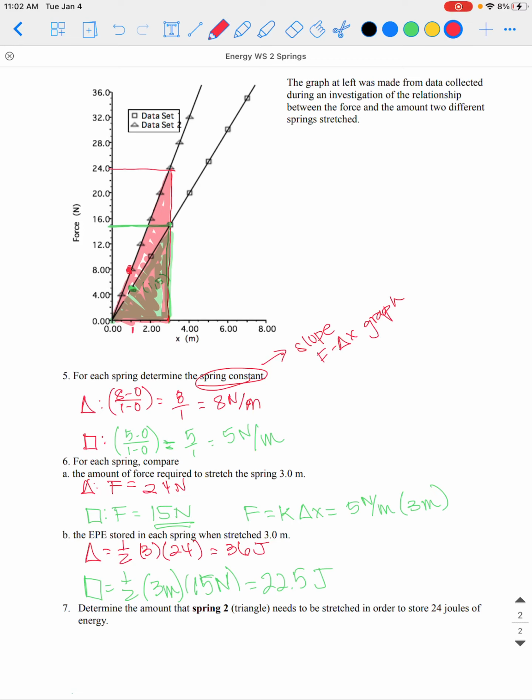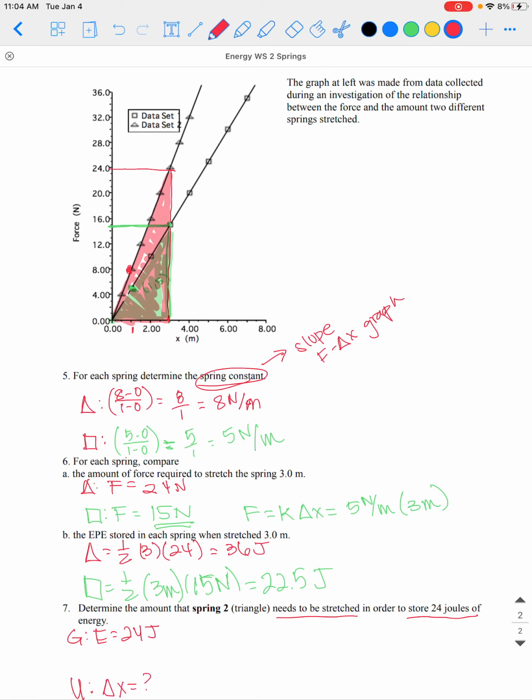All right, so this very last problem is asking us to determine the amount that the spring needs to be stretched in order to store 24 joules of energy. So this is a problem I would always start with my givens. The energy is equal to 24 joules. And then the unknown is the delta X, how much it's going to be stretched.